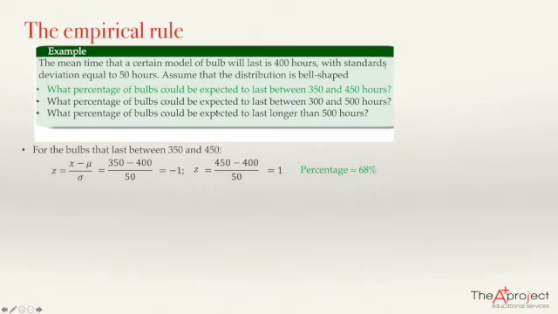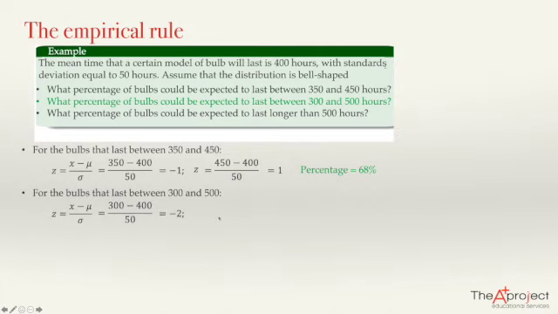In the case of the second question, what percentage of balls could be expected to last between 300 and 500 hours? Again we compute the z value of 300. That will be 300 minus 400 over 50, and this is -2.